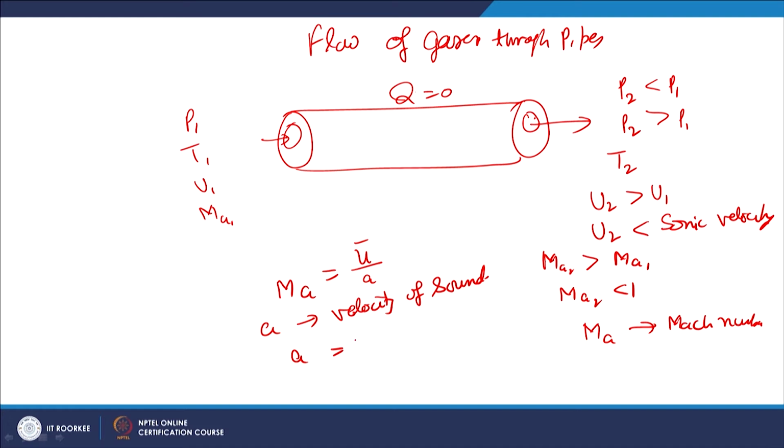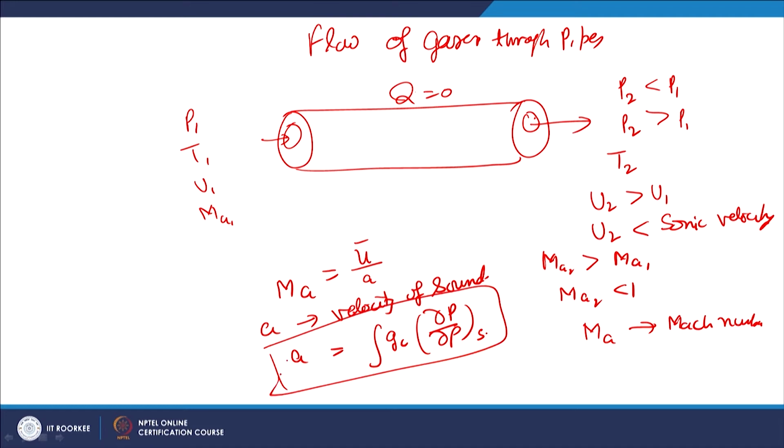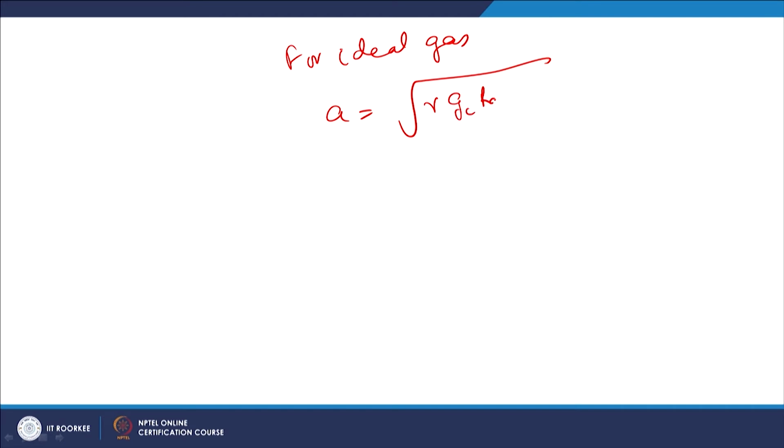So A is represented as the square root of Gc del P over del rho at constant S. So for an ideal gas, A is equal to the square root of gamma Gc R g T over m.